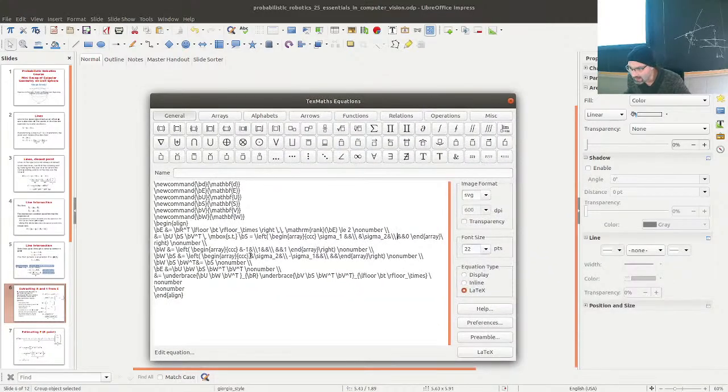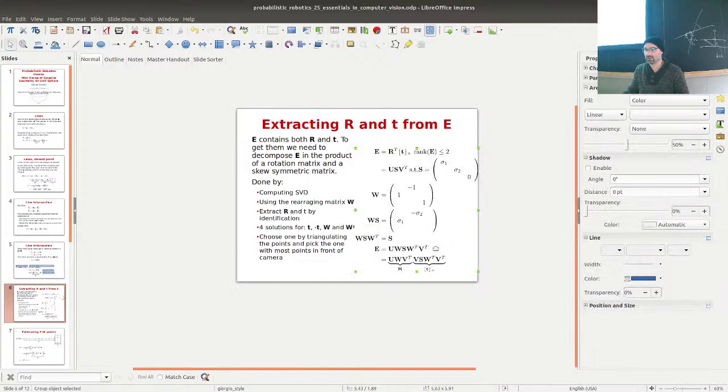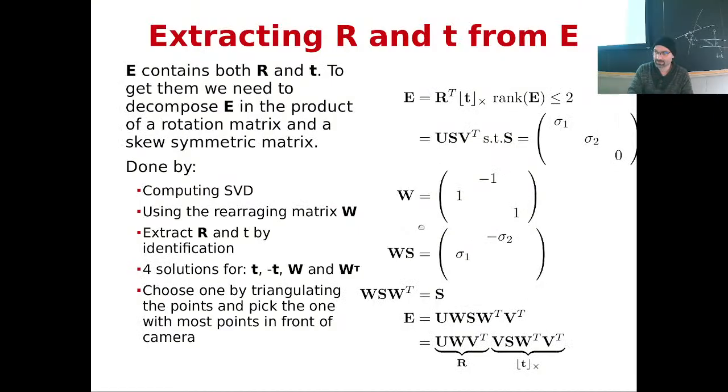Here, sigma minus sigma 2 and sigma 1. Okay, it worked. Happy with that? Right.